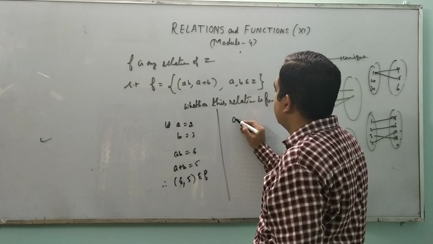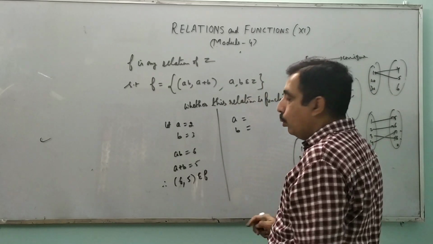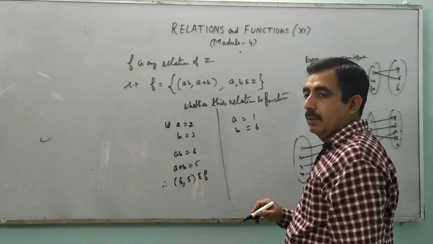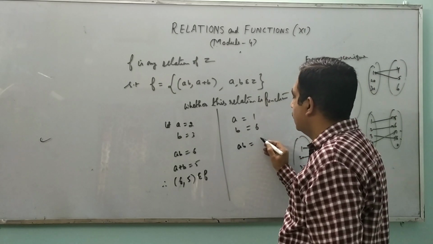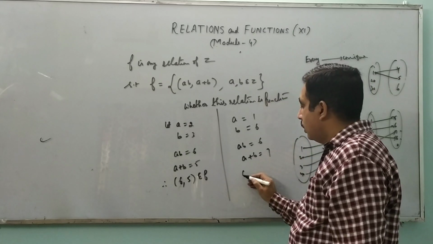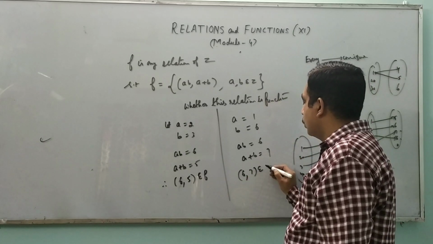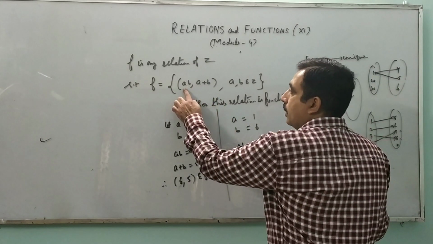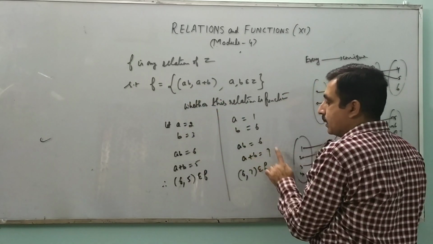Then take two more numbers whose product is the same. Suppose I get 1 and 6, so the product is 6 and the sum is 7. Now (6, 7) belongs to F, because the first number is the product and the second is the sum.